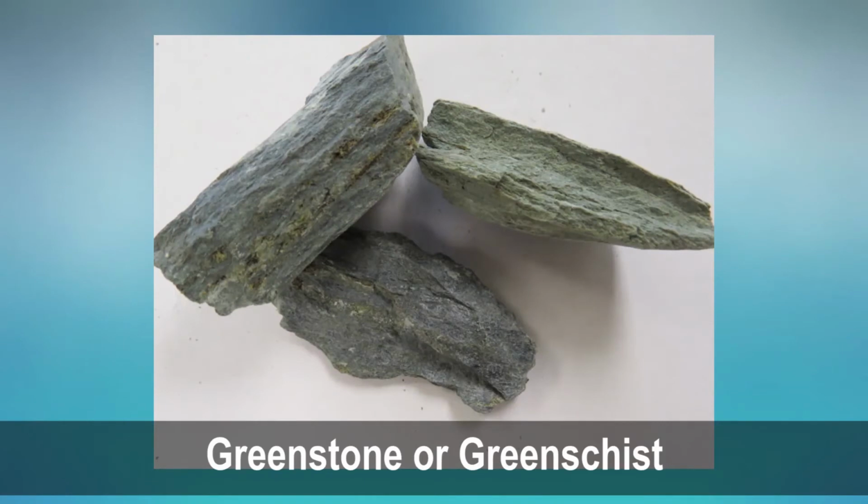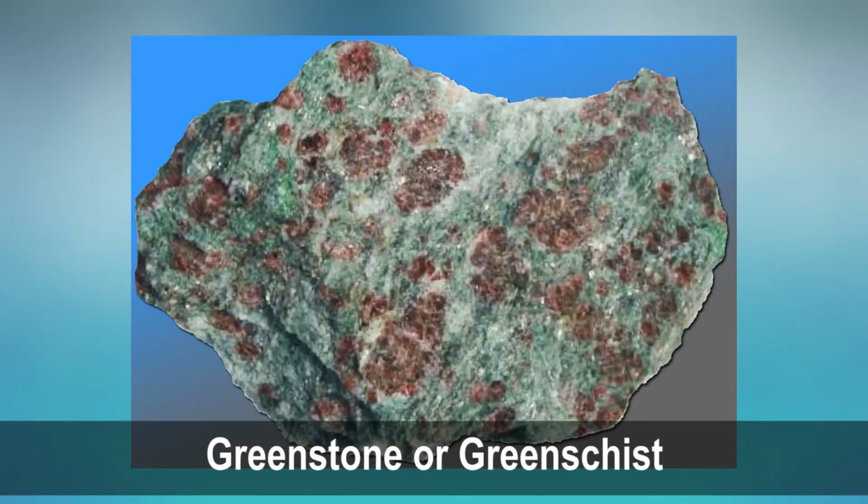Greenstone or green schist, green colored low grade metamorphic rocks dominated by the presence of chlorite, actinolite, and epidote minerals that may show schistose textures or non-schistose textures. To qualify, the rocks are green schist or greenstone.